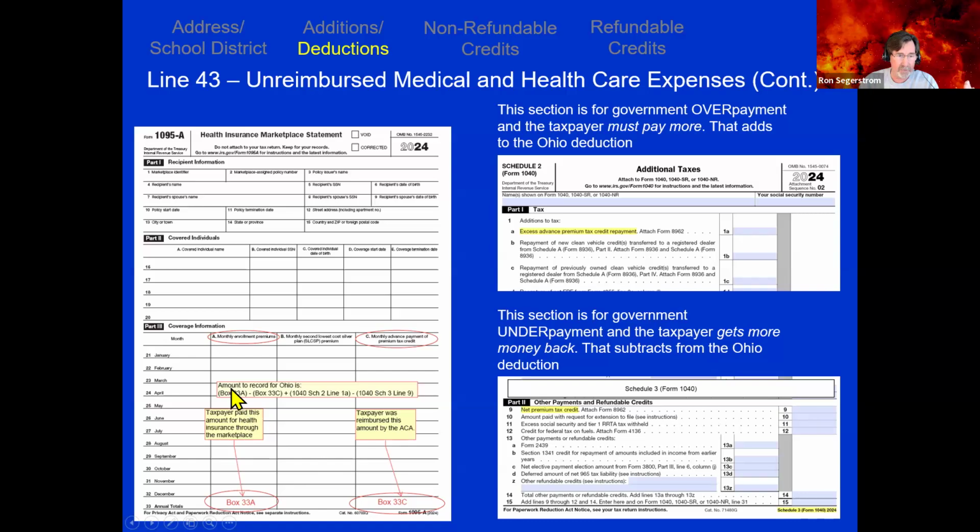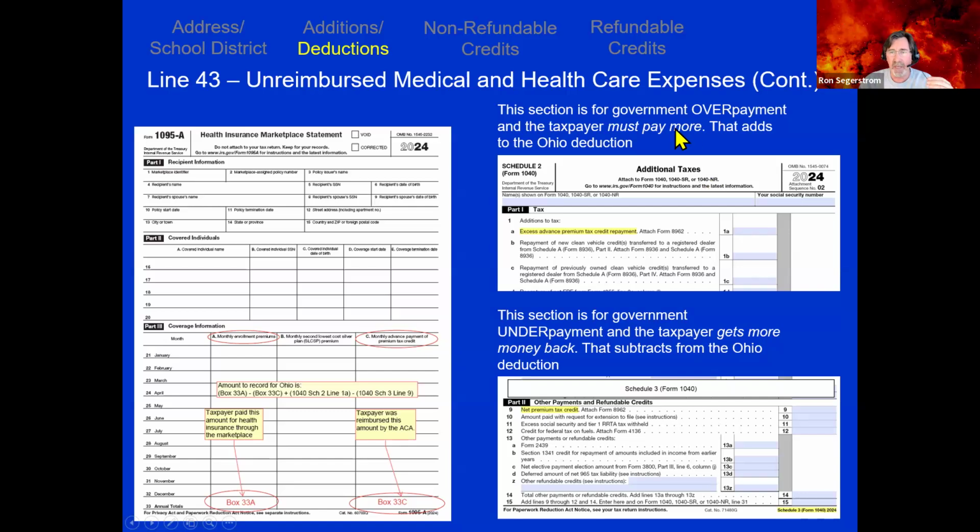And here's that equation from the AARP handout: box 33A minus box 33C. But there's also, you have to add in Form 1040 Schedule 2, line 1a. And why is that?